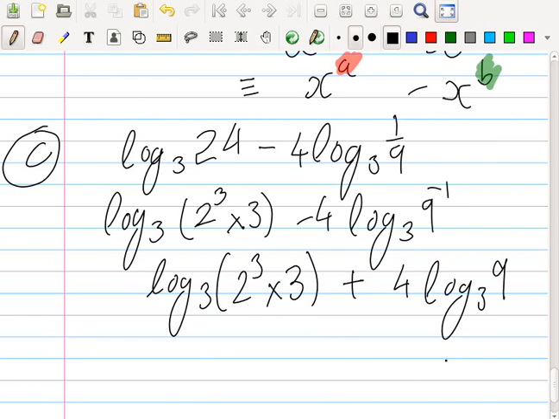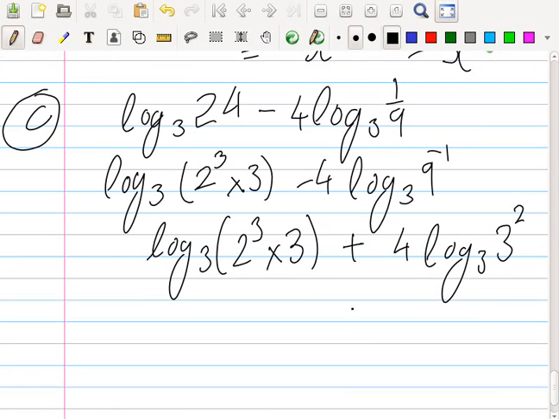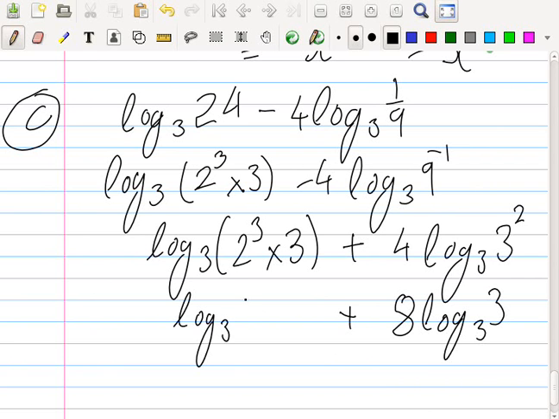And 9's looking good as well, because what can I say about 9? 3 squared. So this would be 8 log 3, 3.